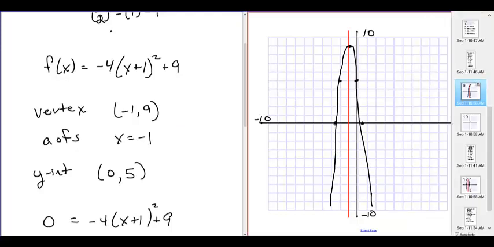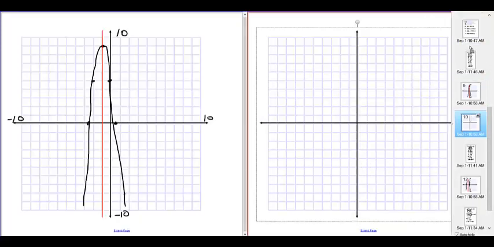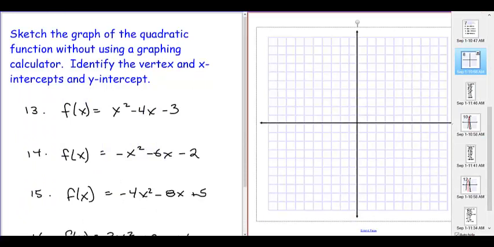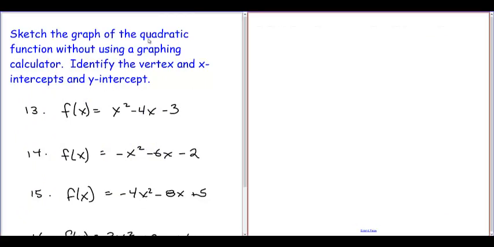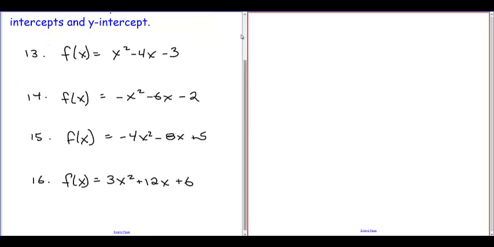And then the final one, so here we go. 16. You've got f of x equals, factor out the 3. So if you divide 12 by 3, you'll get 4.